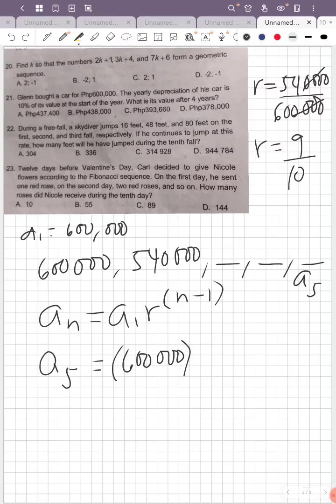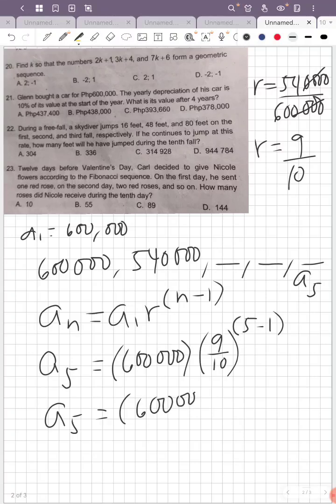So we have 9 over 10, and the n is 5 minus 1. So A sub 5 is equal to 600,000 times 9 over 10 to the power of 4.